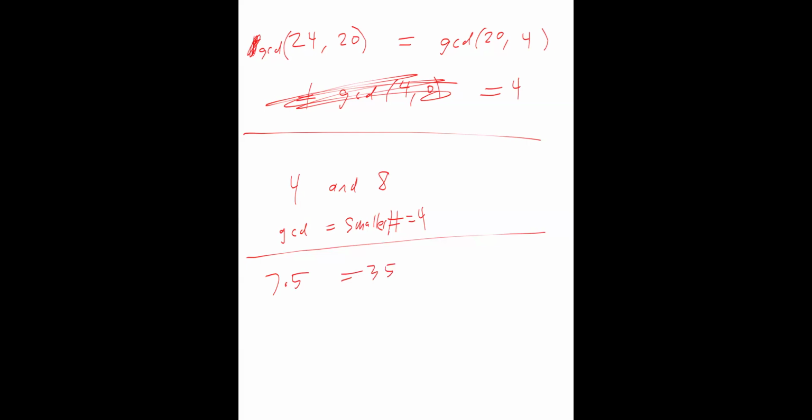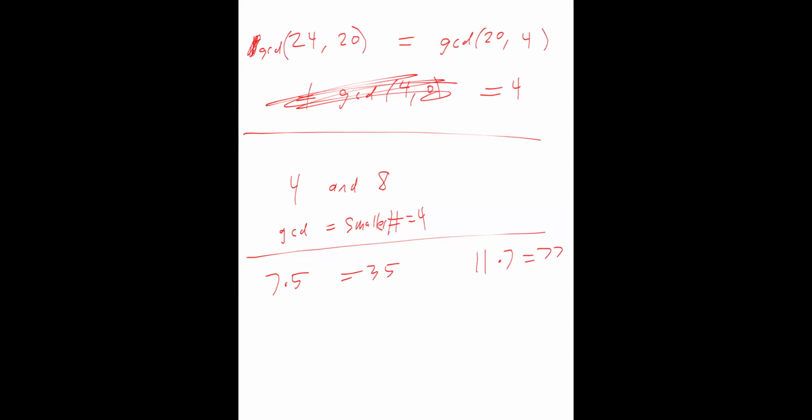Now give me a prime number between 10 to 15. 11. Now let's multiply that by 7, because we're going to have one prime number in common. 11 times 7 is 77.